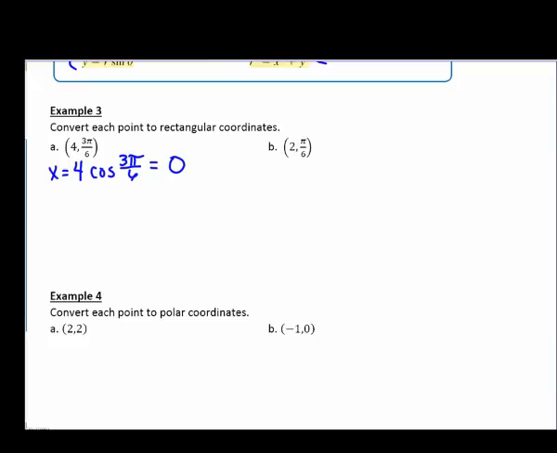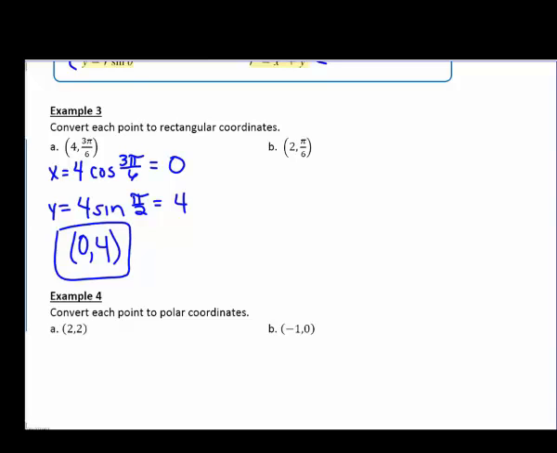So 4 times 0 is 0. And then we have y equals 4 times the sine of pi over 2, because it's the same thing. The sine of pi over 2 is 1, so that would be 4. And so we get the point (0, 4). So that's our answer for that one.